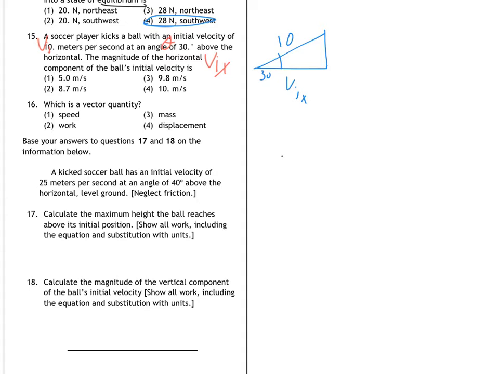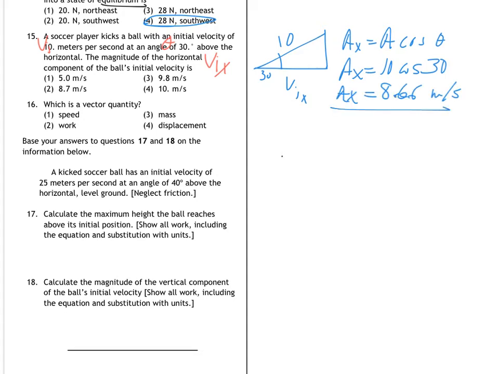The easiest way to do that is to use the equation AX equals A cosine theta. We'll plug in the values: A is 10, the function is cosine, and theta is 30. Solve for that and you'll have the answer. I got 8.66 meters per second. So choice 2 is looking good to me.